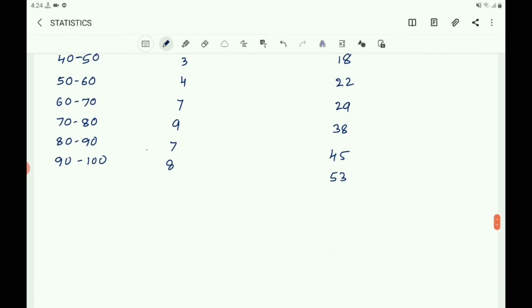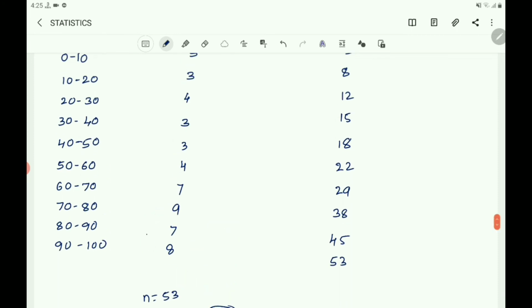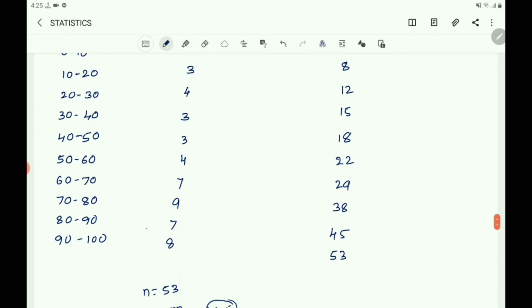Here n equals how much? n equals 53. Then n by 2 means 53 by 2, that is 26.5. 26.5 is nearest to 29.